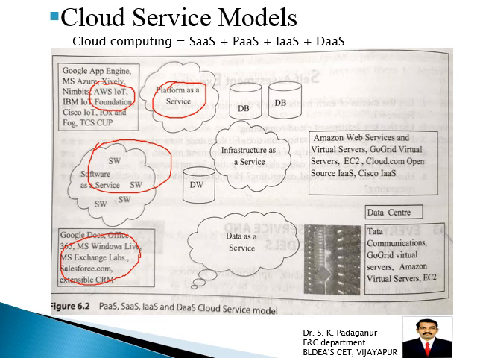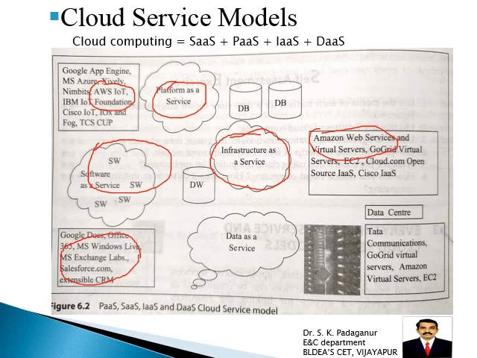Then the third one is infrastructure as a service. You can use cloud computing as an infrastructure. As we say, Amazon Web Services virtual servers, then EC2, Cloud.com, open source IaaS, Cisco IaaS. All these are different service models provided by cloud computing. Then the last one is data as a service.